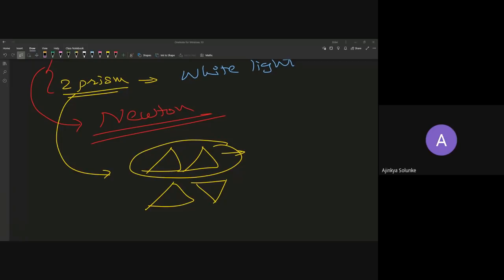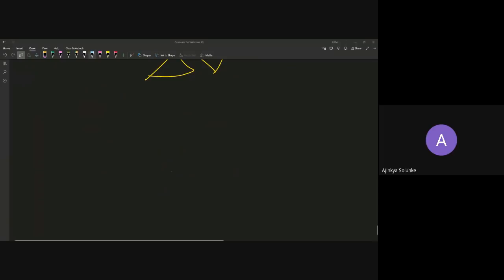Now what we are going to do is study the rainbow, because that is something we can study right now, and that will be easy for us. Suppose A is equal to B, and B is equal to C. Could you tell me what is the relation between A and C? Just a basic mathematical point I'm asking. If A is equal to B and B is equal to C, then A is equal to C. Simple logic, right?